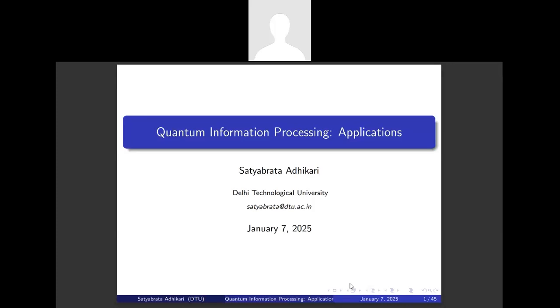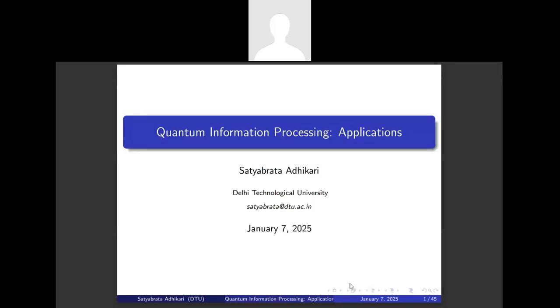The entanglement detection problem is an NP-hard problem, and not a single method is available to detect all possible entangled states in higher dimensional systems, or in fact in lower dimensional systems also.